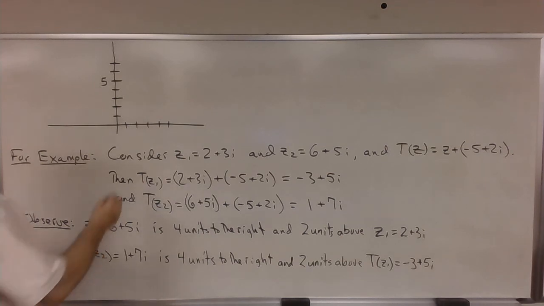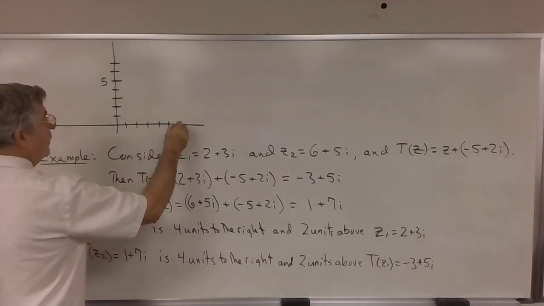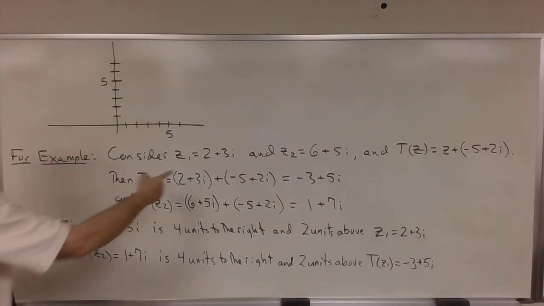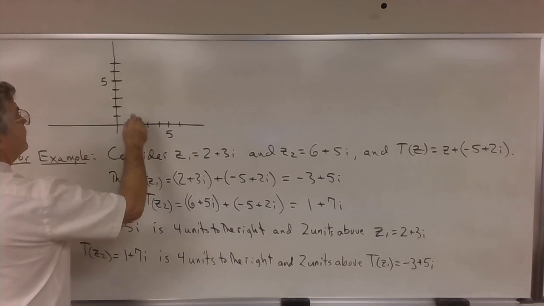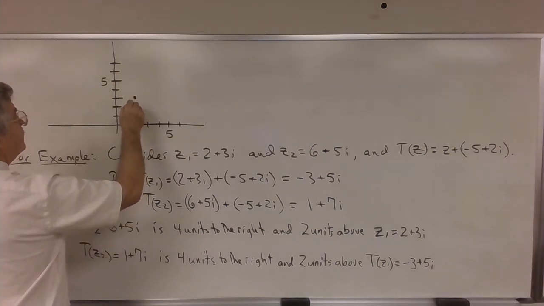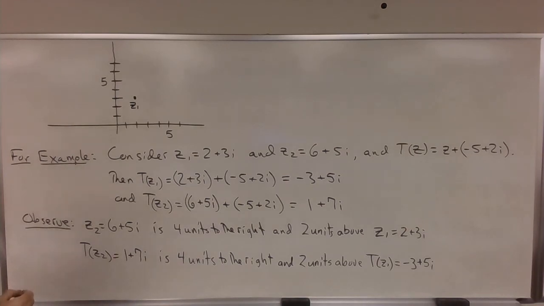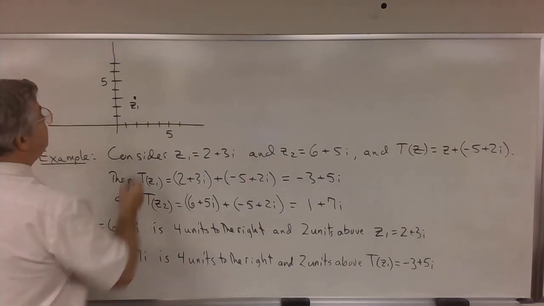And 6. Okay. Z1 is 2 plus 3i. So here's Z1. Z2 is 6 plus 5i.